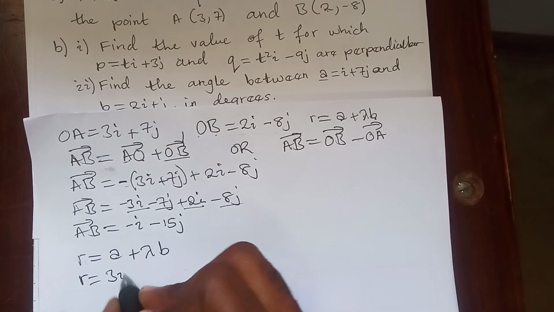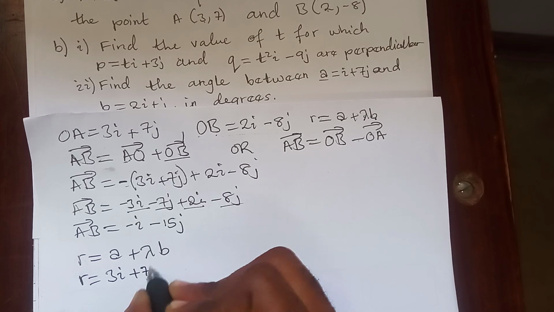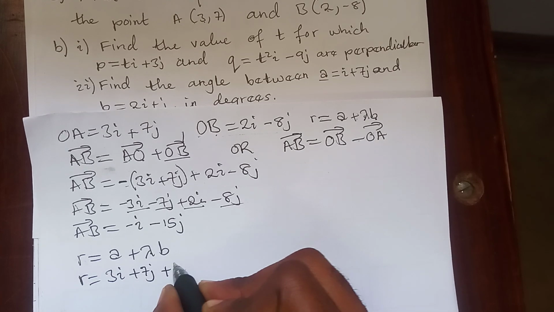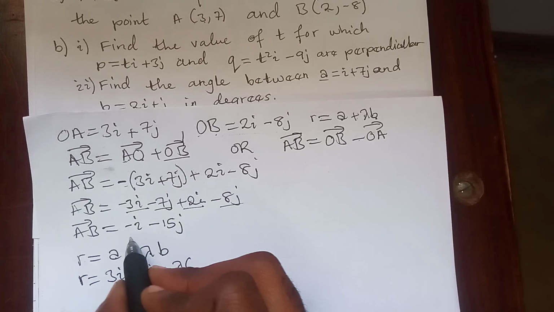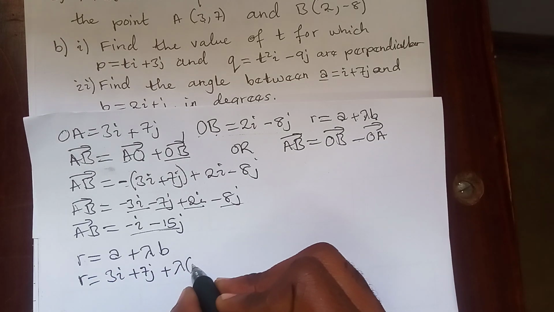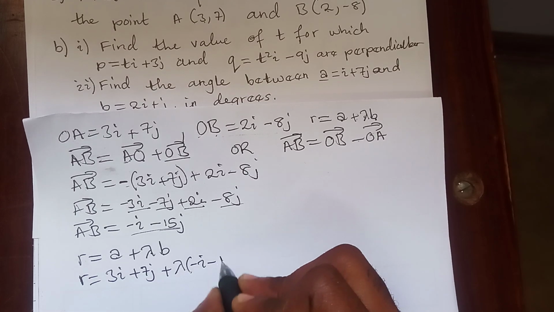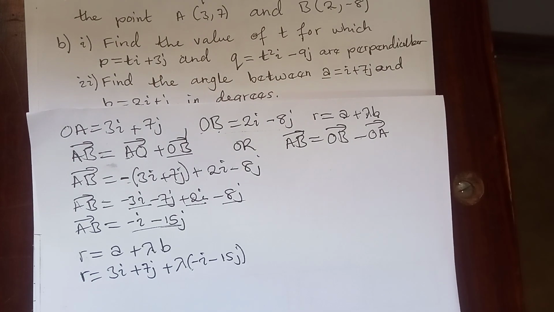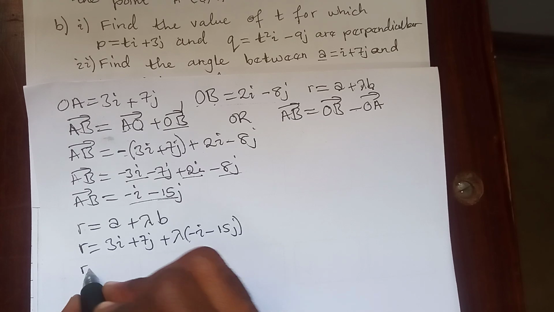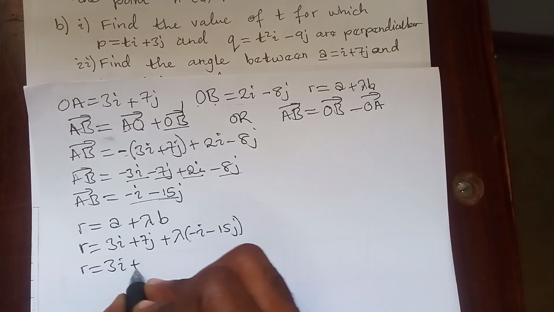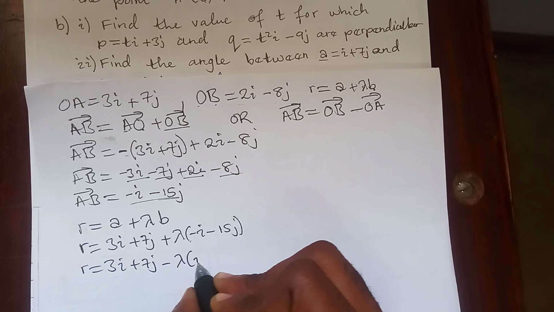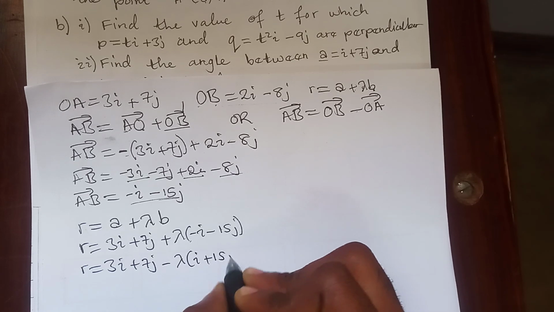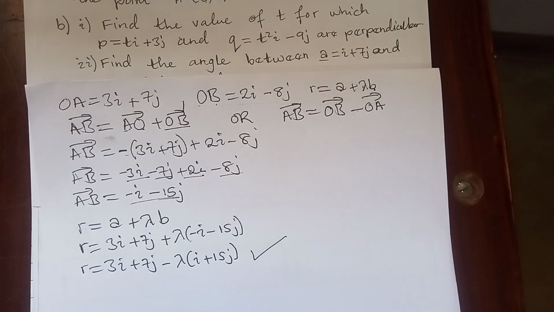So I say 3i plus 7j, then plus λ. Your b here is the direction vector, which is this, minus i minus 15j. You can as well write this as 3i plus 7j, factor the minus out, minus λ(i plus 15j), and you're done.